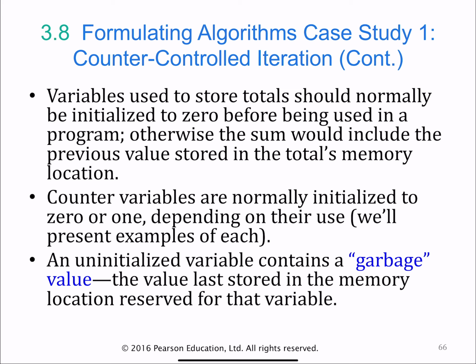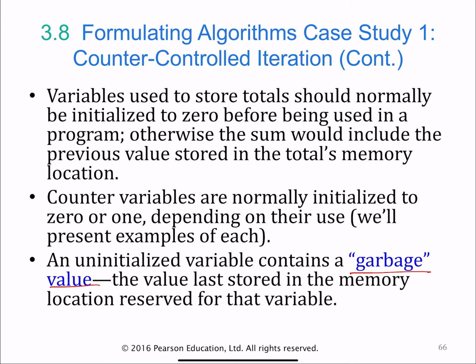One thing you have to remember is that whenever you declare and define a new variable, you have to initialize it, because if you just create a variable and do not give it an initial value before using it, you have no idea what's in there. And what's in there is what we call a garbage value. It's unpredictable.